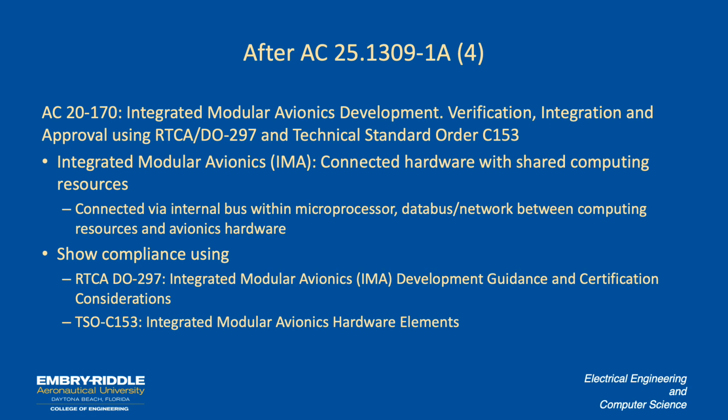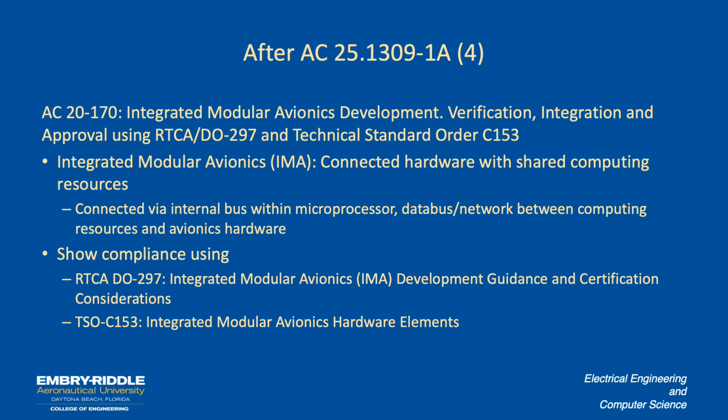You may have multiple computing resources in a rack in the aircraft, and you may have multiple modules running on a single microprocessor talking to each other through the main bus internal to the microprocessor. So you're talking about shared computing resources, and a sort of modular software talking to different avionic units.